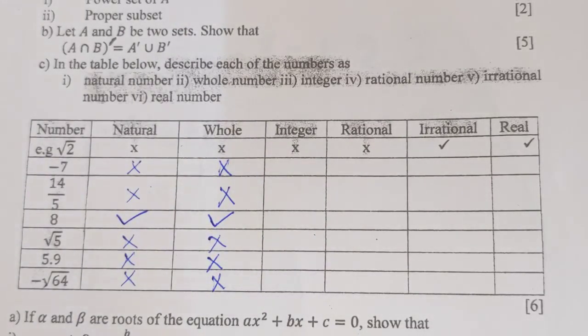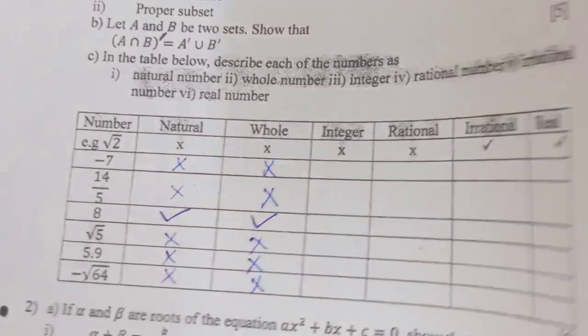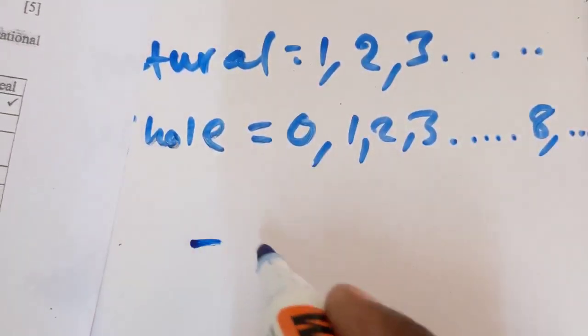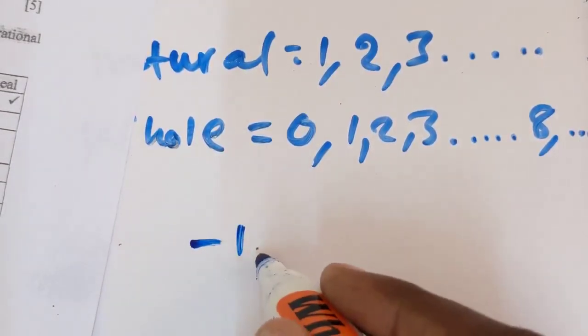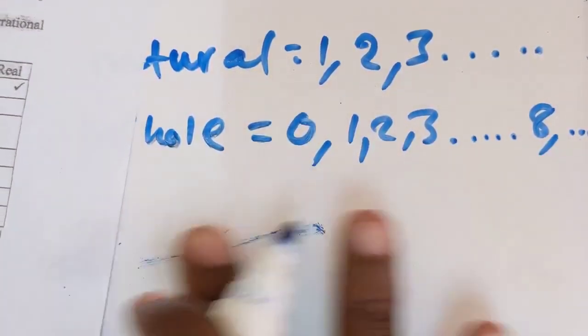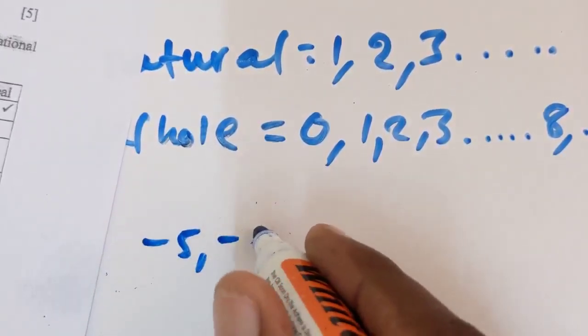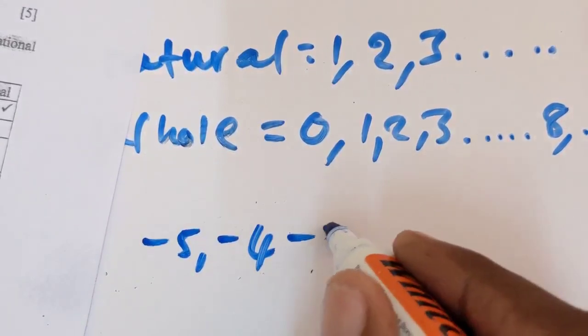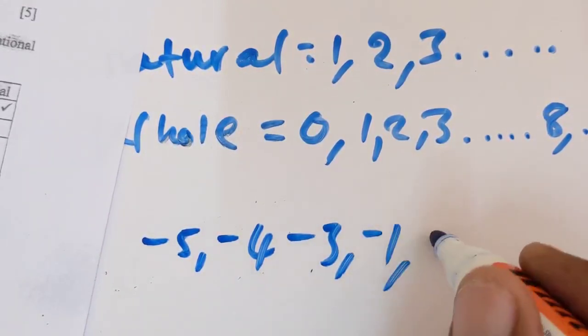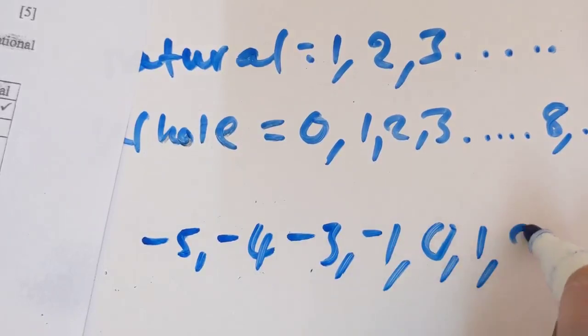So let's say your numbers start from negative 5, negative 4, negative 3, negative 1, 0, 1, 2, 3, 4, going like that.